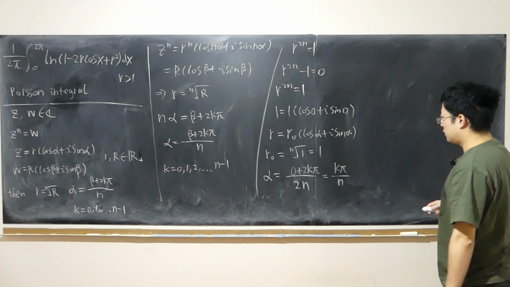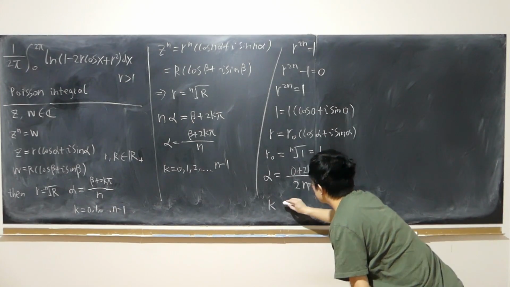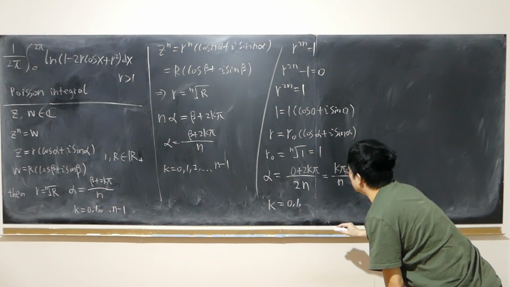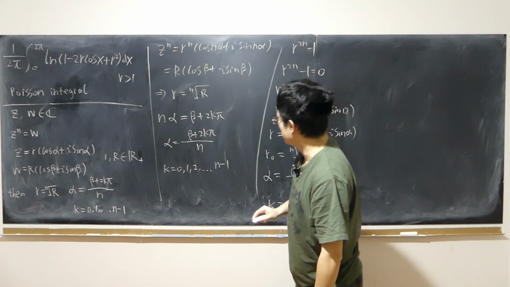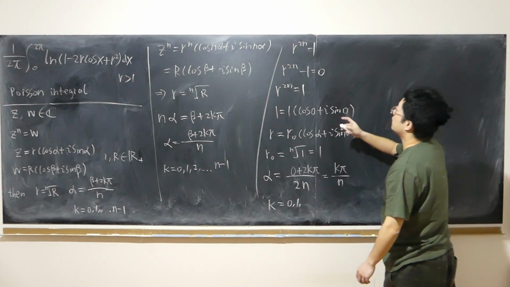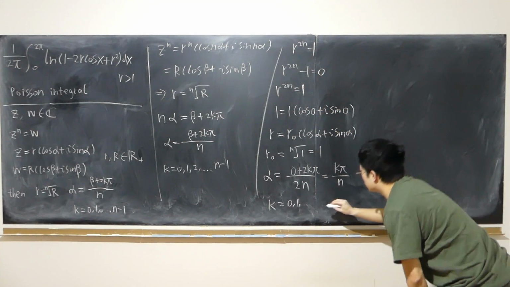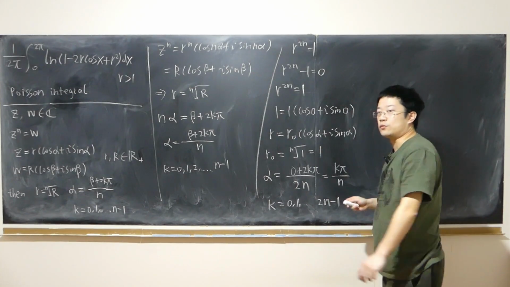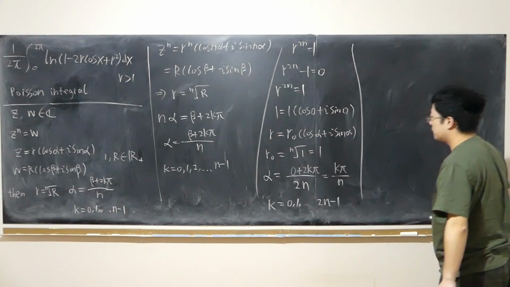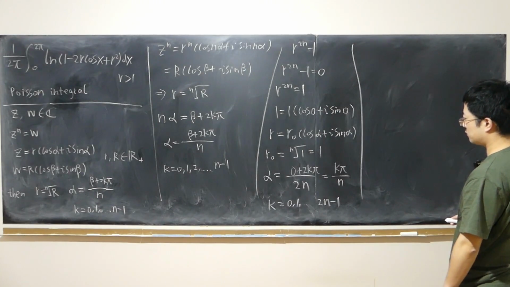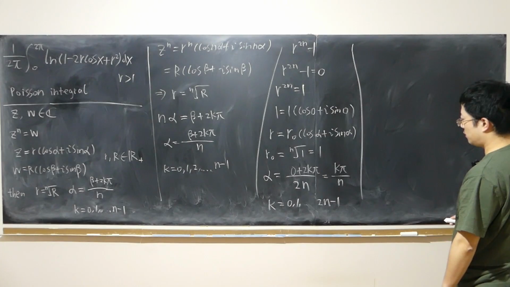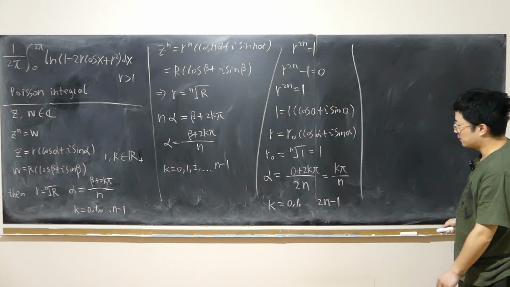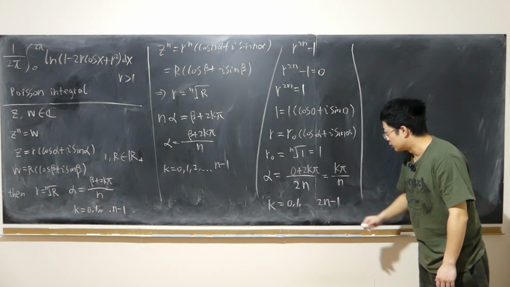where k goes from 0, 1, all the way up, but here I have the power of 2n, so until 2n minus 1. I have exactly 2n different roots. But I also want to categorize k's. I want to group different k's into different groups.